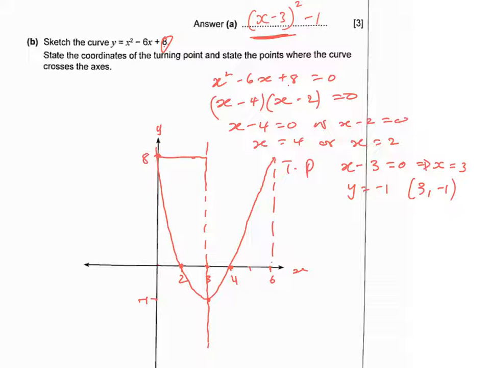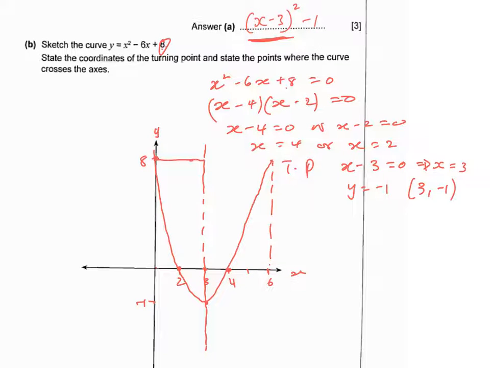To get the turning point, you write your equation in completed square form, and then you equate this part to 0 and solve for x. The number which will be here, if it is plus, that means your y coordinate is positive. If it is minus, your y coordinate is negative. Then you write that as a coordinate and mark it. Then you just draw your curve.